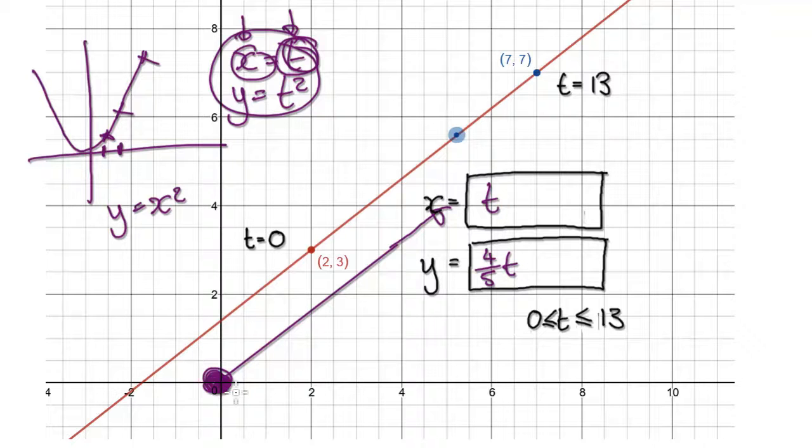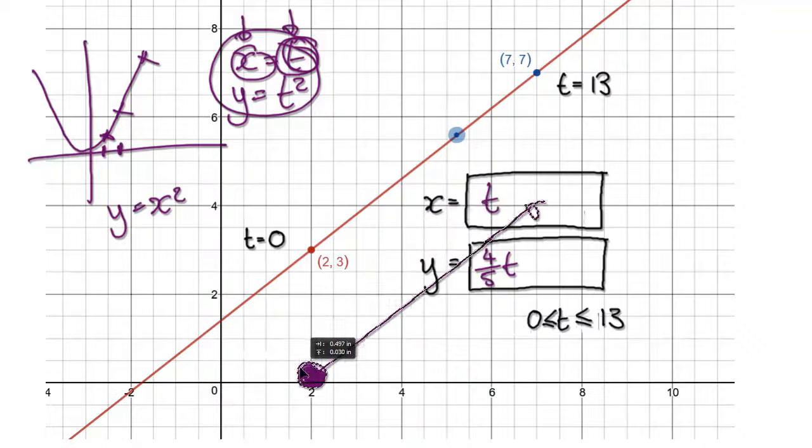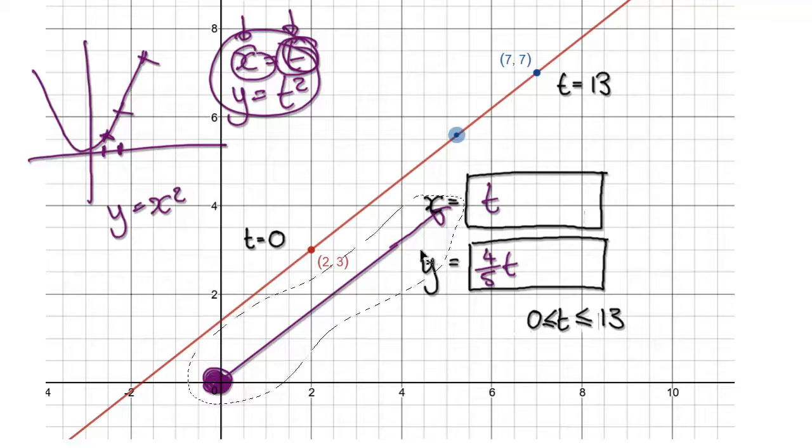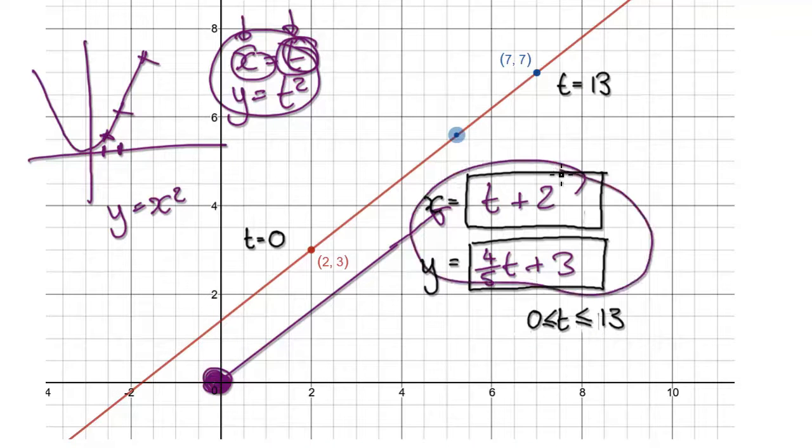But then we need to translate it 2 across and 3 up. So that would be +2 for x, and +3 in the y direction. These would be your parametric equations to describe this line here.